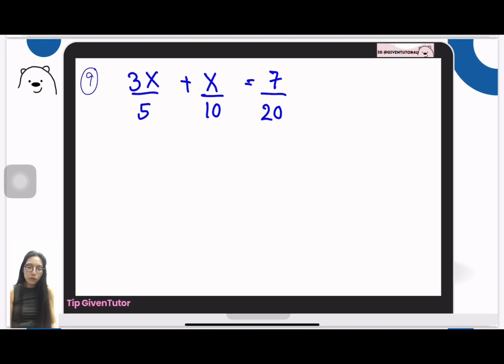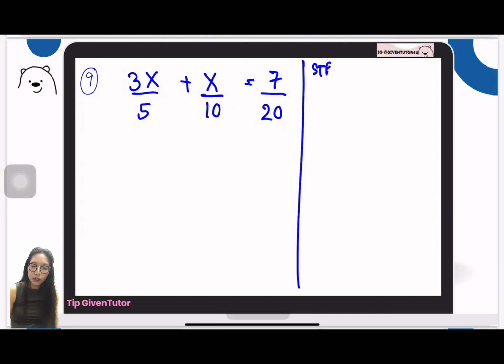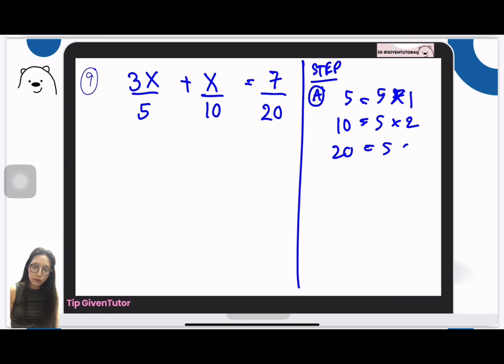And what we have to find, the step first, right? Step A, LCM. 5 equals 5 times 1, right? Okay, 10 equals 5 times 2, 20 equals 5 times 2 times 2.